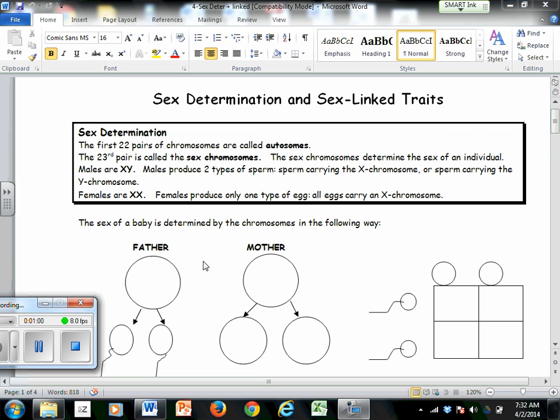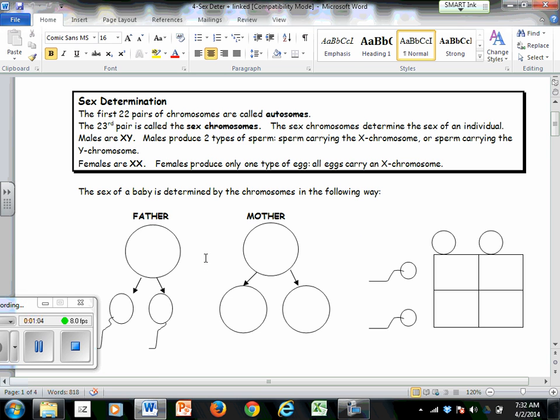So if we look at the gametes that a mother and father can produce, we take a look at the father first. And the father, as we just said, is XY, and the female is XX. So when the father goes through meiosis and makes the sperm, he's either going to have an X sperm or a Y sperm.